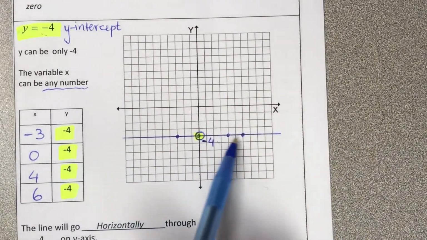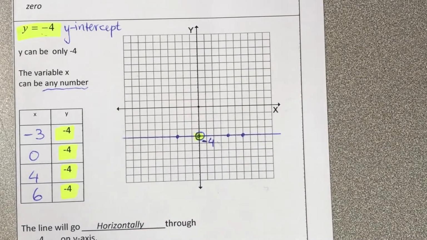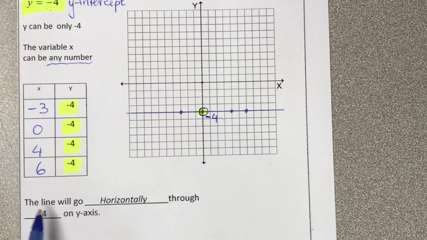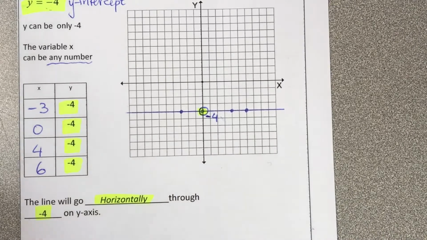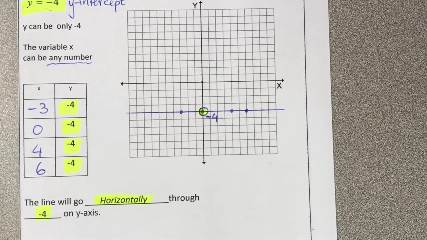Then the slope of the line is 0, so it is a horizontal line going through -4. The line will go horizontally through -4 on the y-axis.